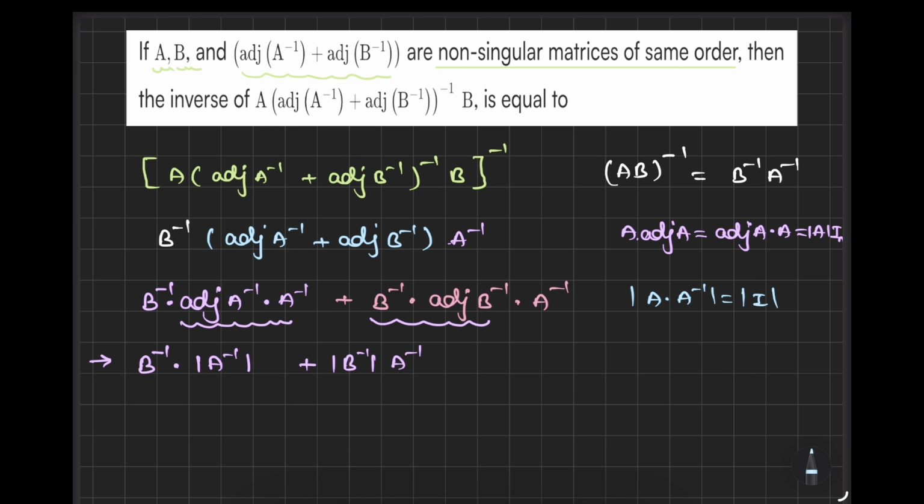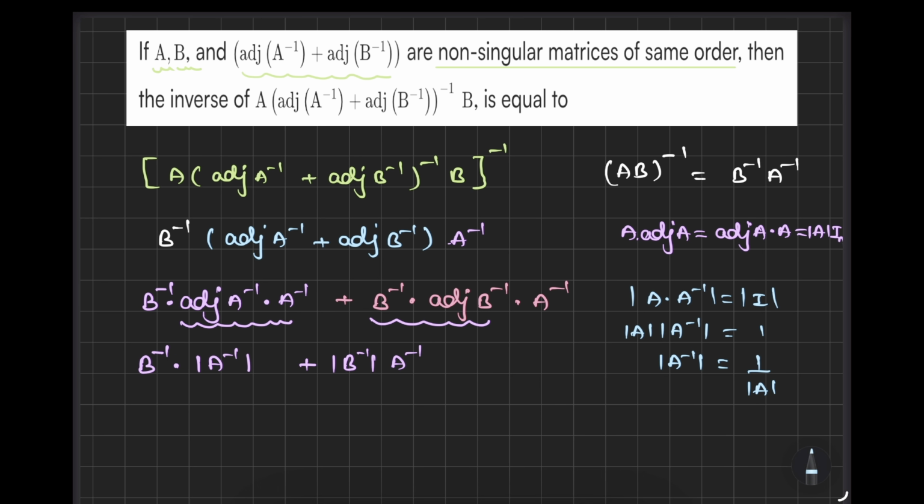You know that when it is in product, determinant is distributive. So can I write determinant of A times determinant of A inverse equals 1? Identity determinant is what? 1. So can I say that determinant of A inverse is 1 by determinant of A?